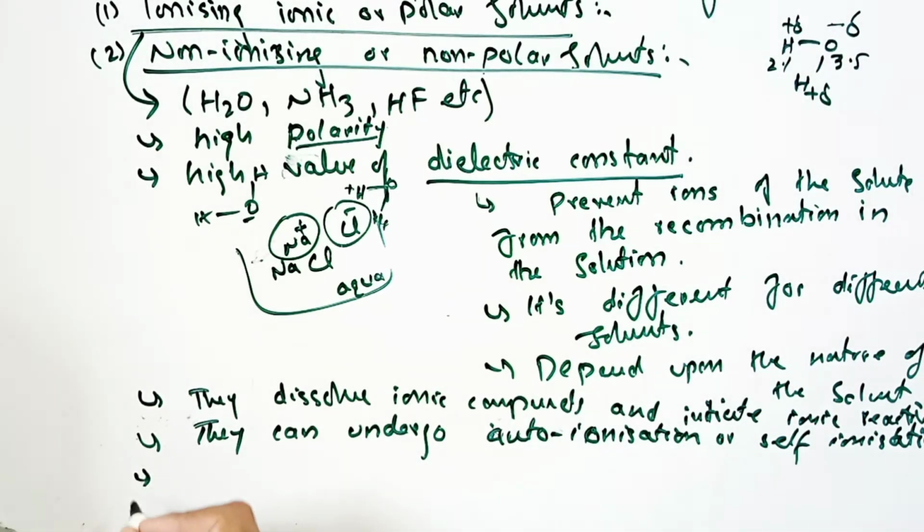Another property of polar solvents or ionizing ionic solvents is that polar solvents tend to associate due to dipole-dipole interaction.